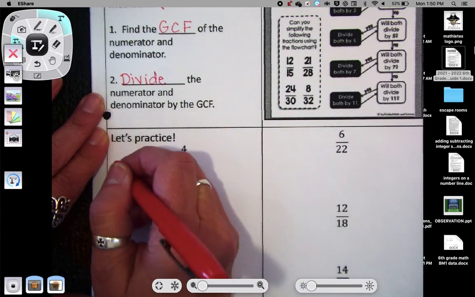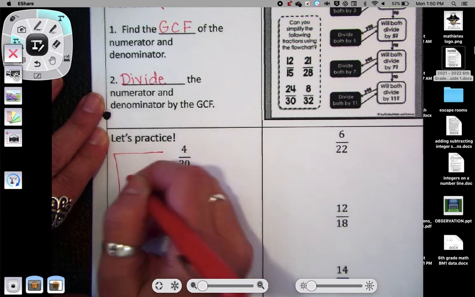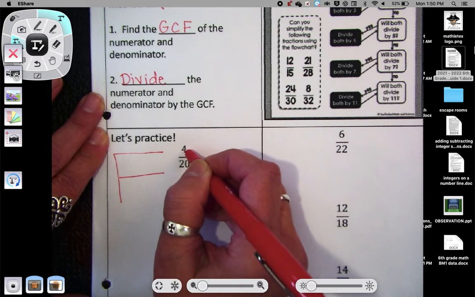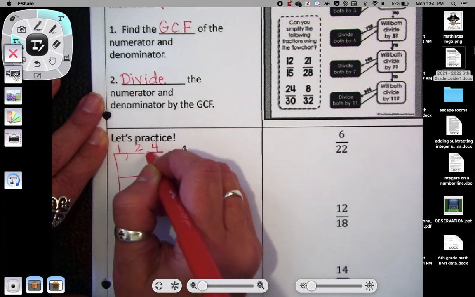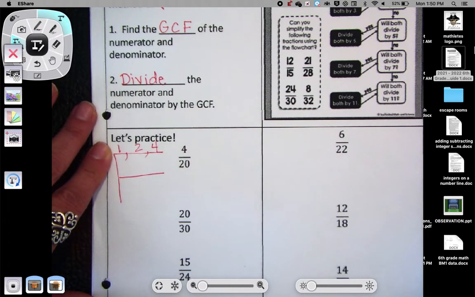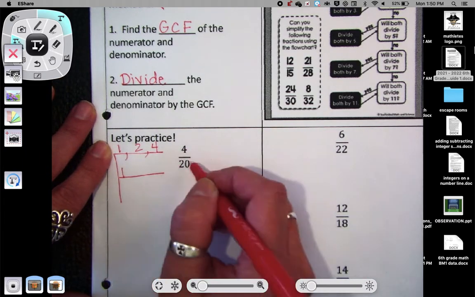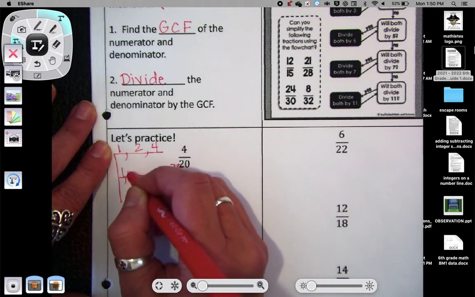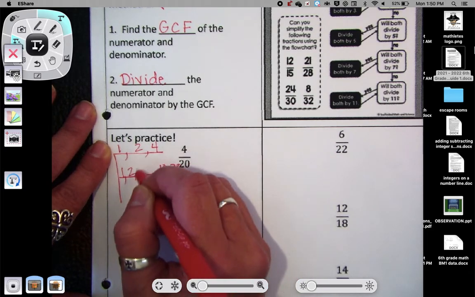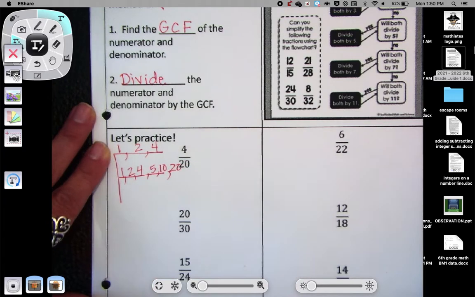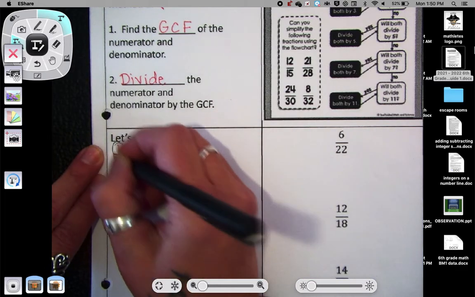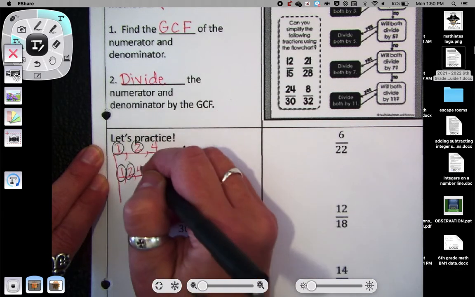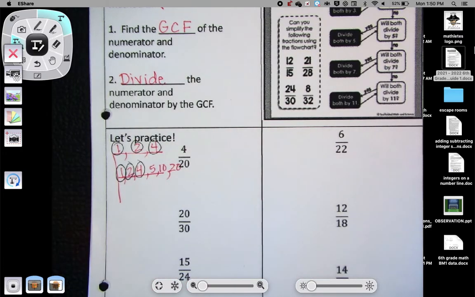Okay, we are going to find the GCF of 4 and 20. 1, 2, and 4 are the factors of 4. 1, 2, 4, 5, 10, and 20 are the factors of 20. I always circle all of the common factors.